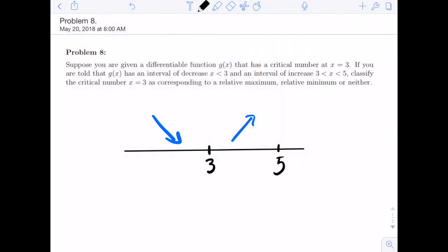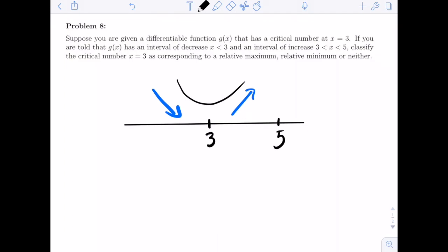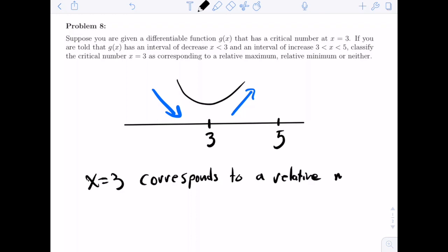So if you just follow that along, it's easy to see that 3 must correspond to a relative minimum, okay? So that was the idea for this. So you would just say, x equals 3 corresponds to a relative minimum.